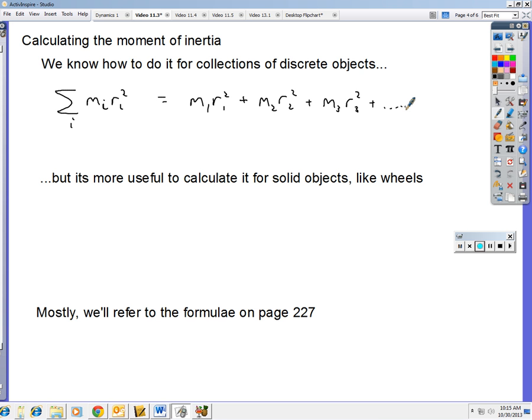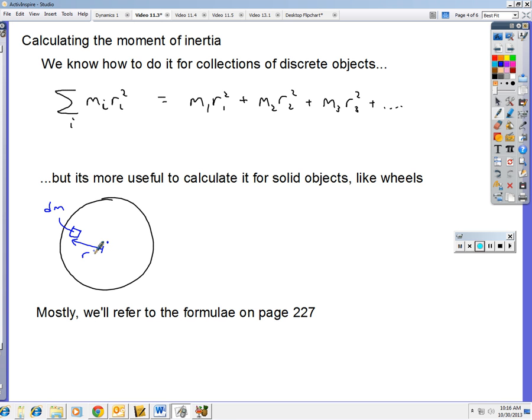However, we're really going to be more interested in finding the moment of inertia for solid objects, like, for instance, a wheel or a disk, where you can't break it up into 4 or 5 point masses. However, what you can do is break it up into lots of little tiny mass elements, dm, all of which have a particular radius, and then you can sum up all of the dm's.